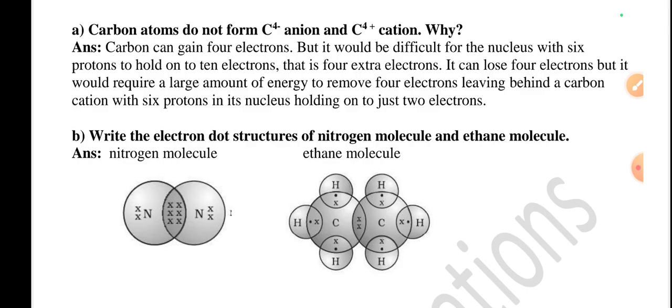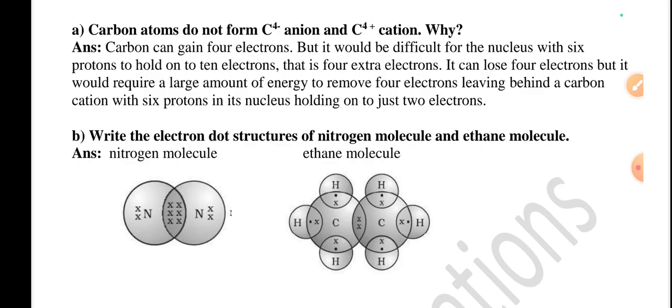It forms only covalent bonds, and with the help of covalent bonds it creates covalent substances. Okay, in some exceptional cases, like calcium carbide, it will form ionic bonds also. Carbon also gives ionic compounds in exceptional cases. Then B, write the electron dot structure of nitrogen molecule and ethane molecule.